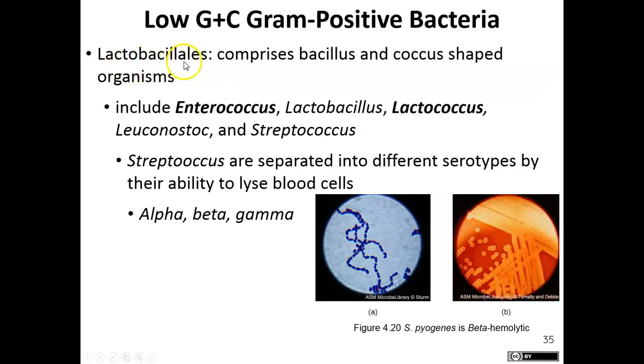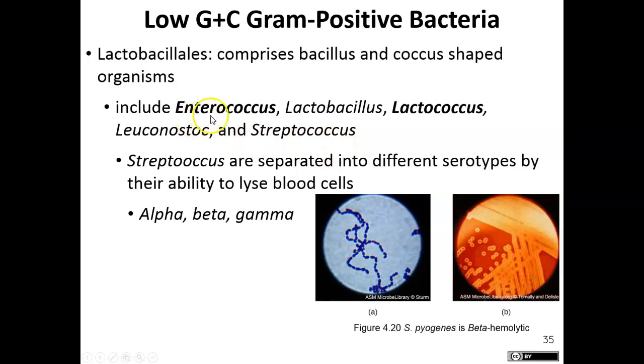Then we have the lactobacillales, which contain both bacillus-shaped species as well as coccus-shaped organisms. So just because it says bacillales does not mean they're all going to be bacillus-shaped. These include your Enterococcus, Lactobacilli, Lactococcus, Leuconostoc, and Streptococcus.